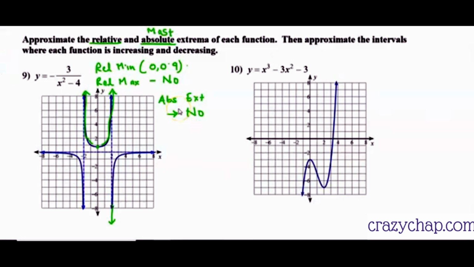So the function is increasing all the way from 0 to 2, and union, it keeps on going upward when you move to the right. So it is increasing from 2 to infinity. Please understand, this is an interval, not a coordinate.